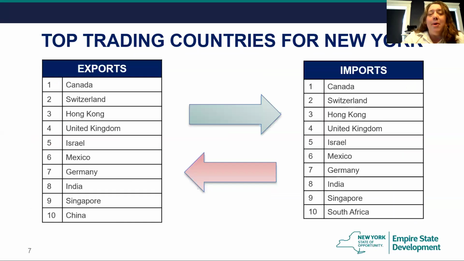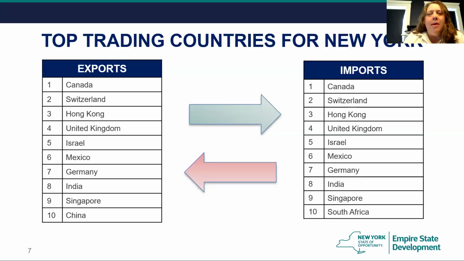And thus our top partners can include places like Switzerland. China has been in and out of the top export market and has various times been supplanted by leadership from Hong Kong. Our big partner, of course, is Canada. Switzerland, which speaks to those arts and antiquities and jewelry.